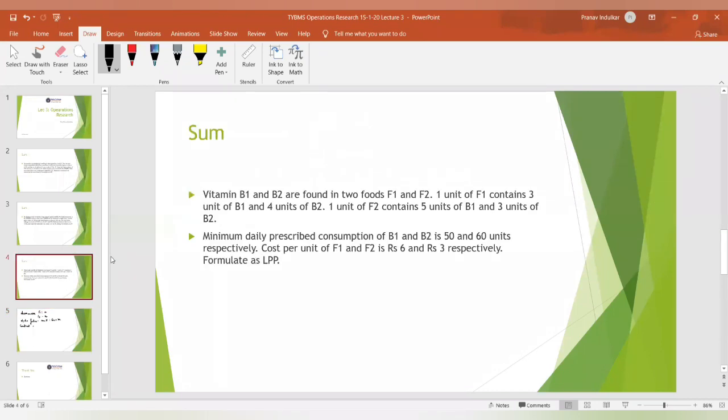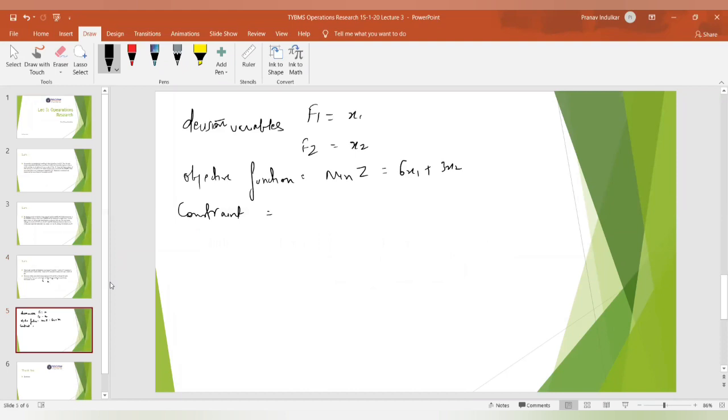Cost is given: 6, 3, 6 unit of x, F1 that is x1 and F2 that is x2. So 6 into F1 plus 3 into F2, simple. 6x1 plus 3x2.